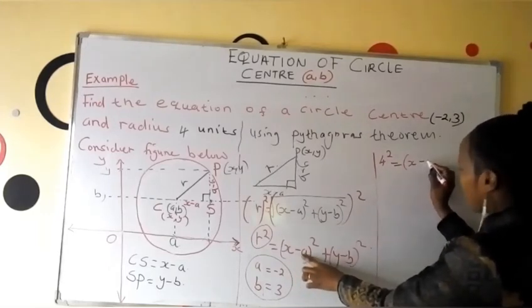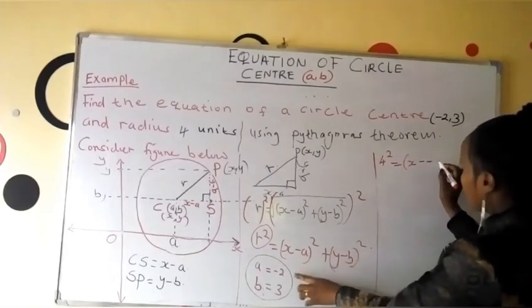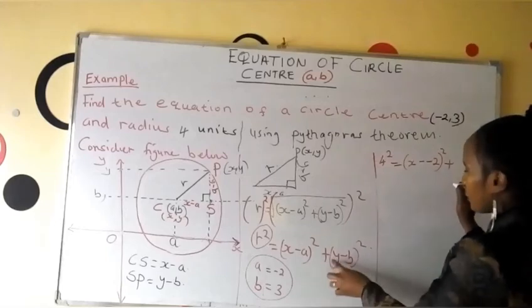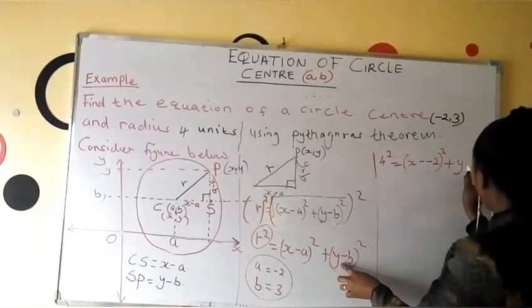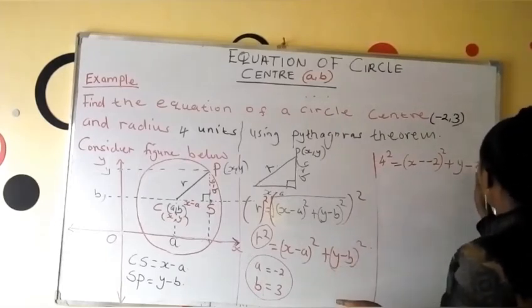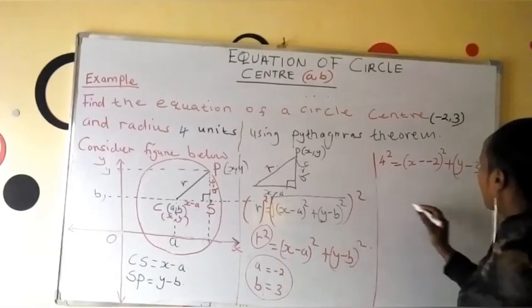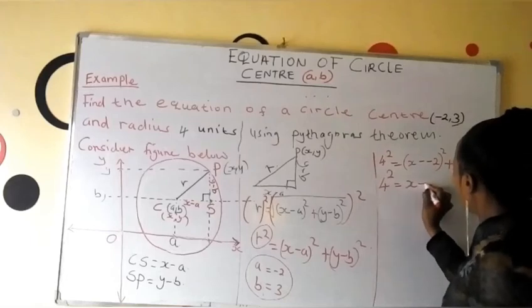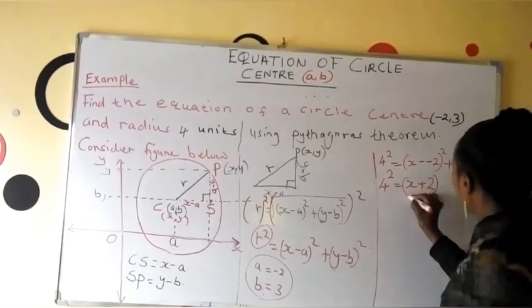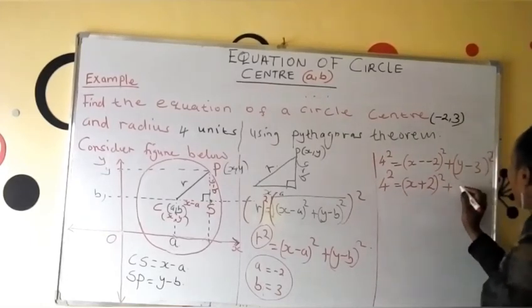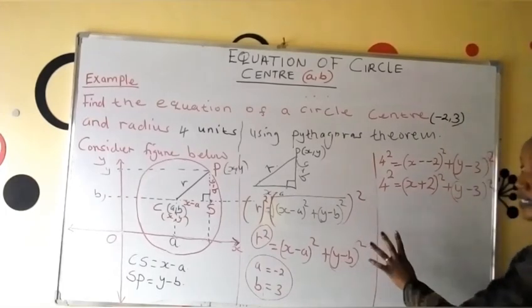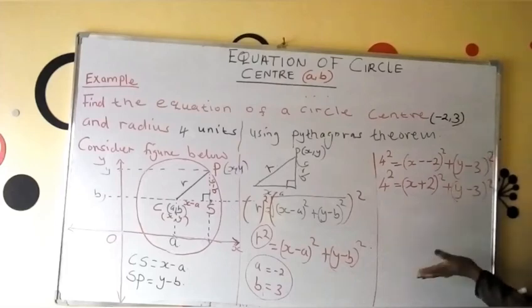So we shall have 4 squared is equal to x minus, because this is our a, minus 2 squared, plus y minus 3 squared. So we shall have 4 squared is equal to x plus 2 squared plus y minus 3 squared. Guys, remember, we can expand this.